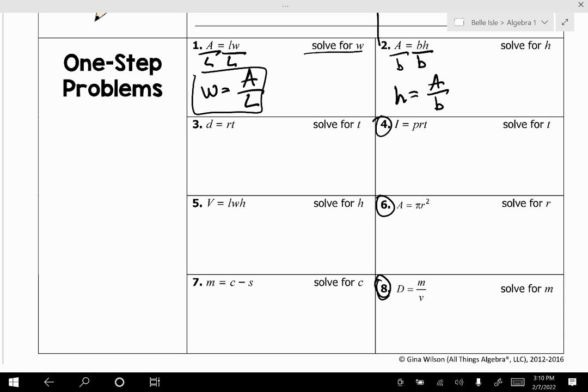Let's talk about these now. Okay. Number 4 is the principal interest formula.